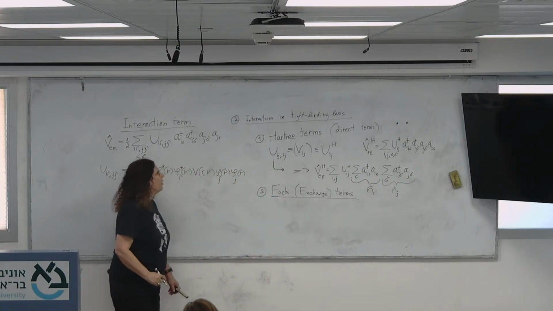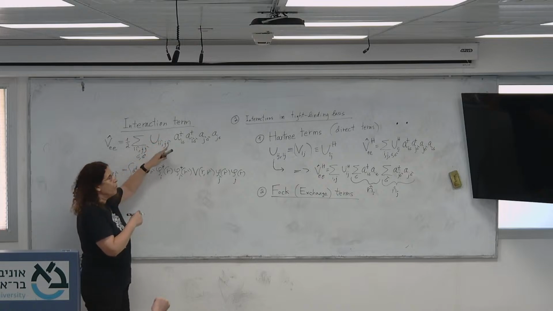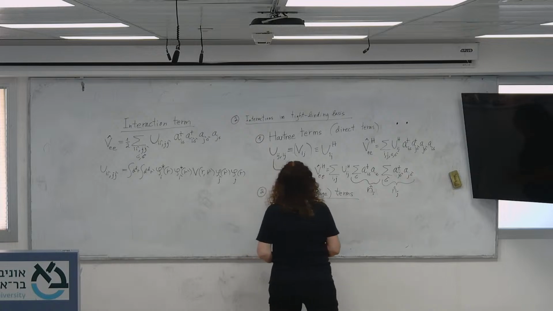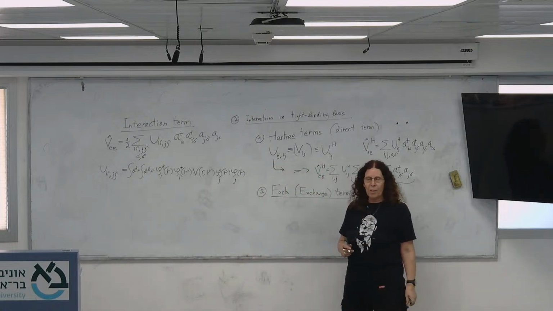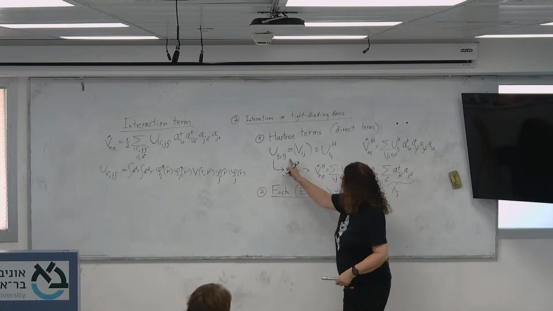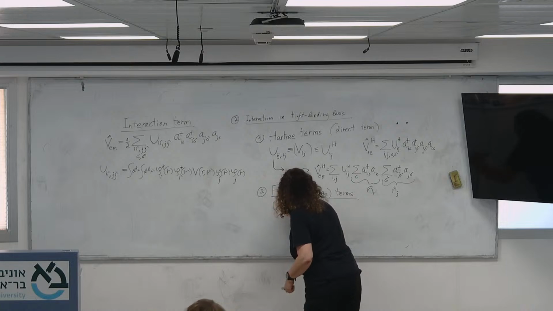Okay, so what are the exchange terms? They are also a special case of the choice for i prime, j prime, such that, again, they depend on two indices, but with reverse. So Uij, ji.